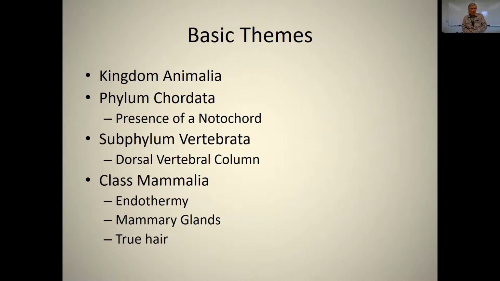Why? Because they had a notochord as embryos. There are some little tiny organisms that look like little fishes, but they're not fish. And they have a notochord their entire life. But they don't have any bones or vertebral columns, so they're invertebrates, but they're still chordates. Okay, enough of that.